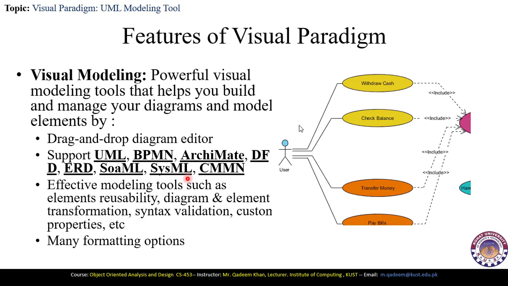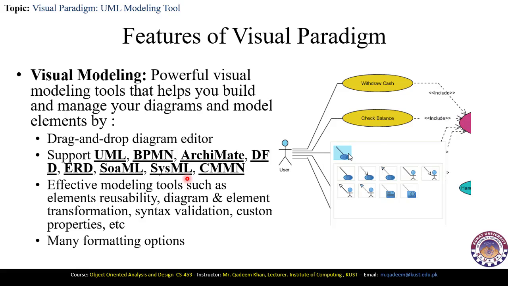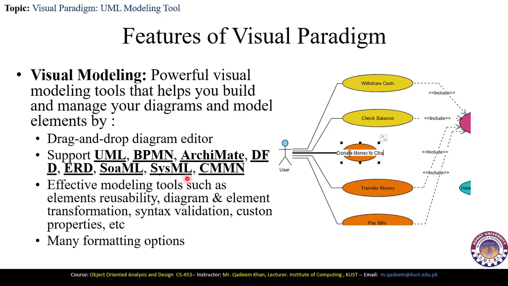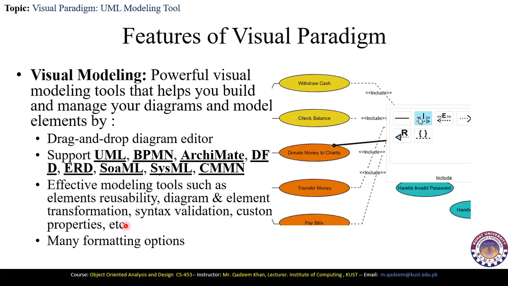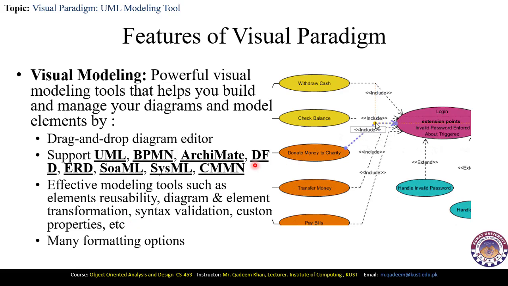These are different sorts of diagrams which are developed by Visual Paradigm. And effective modeling tools such as element reusability, element transformation, syntax validation, and custom properties are also supported by the visual modeling here.